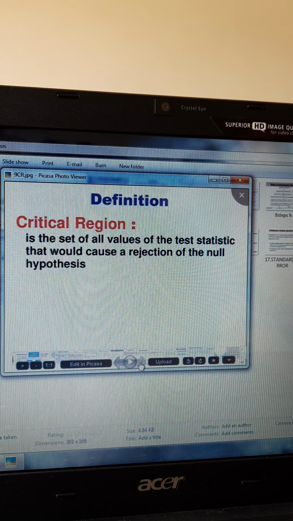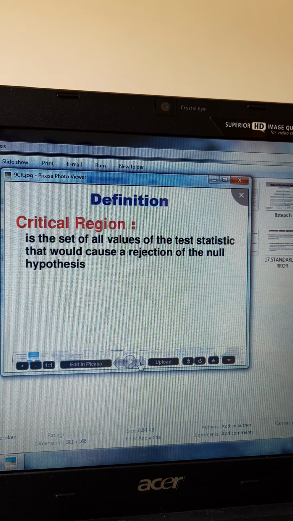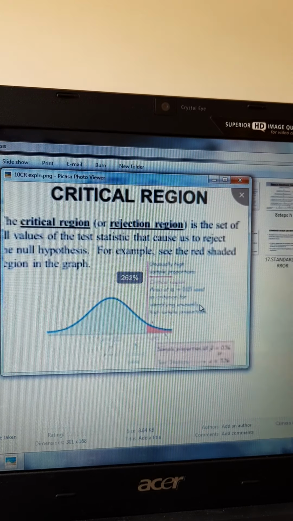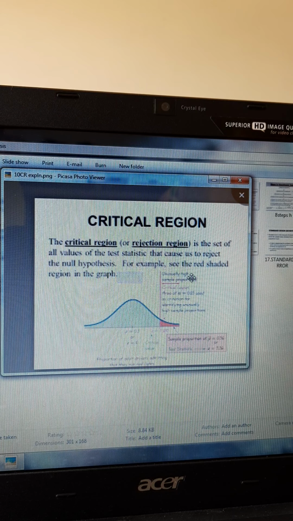So next is the critical region. What is the critical region? It is the set of values for the test statistic that would cause a rejection of the null hypothesis. So look, this is the critical region, a rejection region.